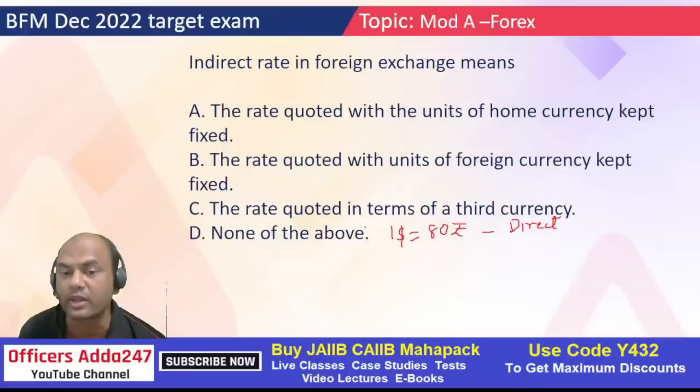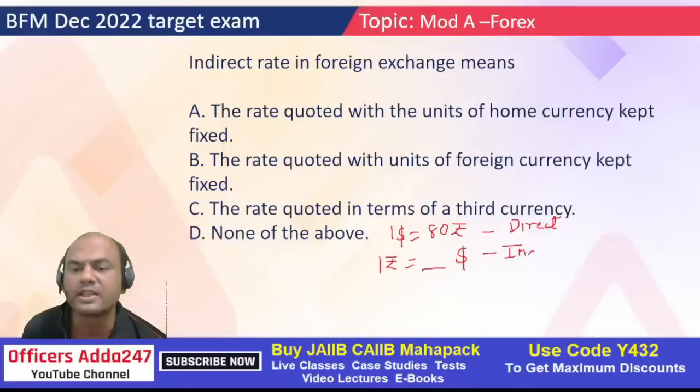When the foreign currency is constant and the local currency is fluctuating, then it's a direct rate. What is indirect? The reverse way. Suppose I say 1 rupee equals something dollars, 1 upon 80, whatever the figure might be, this much dollars, then it is called an indirect rate.